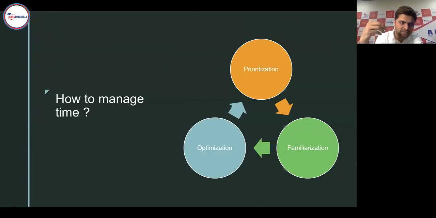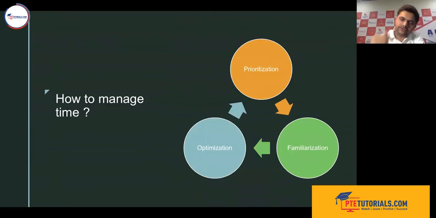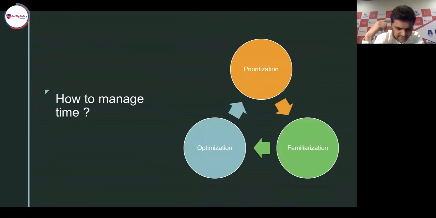You cannot try to be consciously aware about these things in the test, but you should have become so familiar with the entire listening section that you do not need to remember how many tasks were there. You just know it's an instinctive feeling that you get, and this could only be developed if you have really practiced. So familiarization is an important point, and the third is optimization.